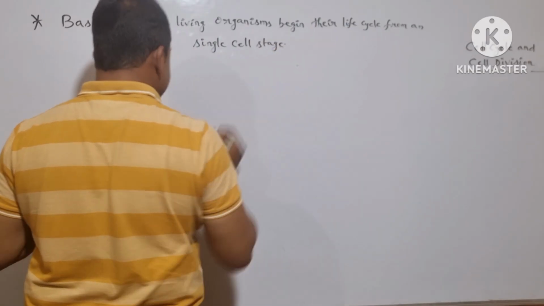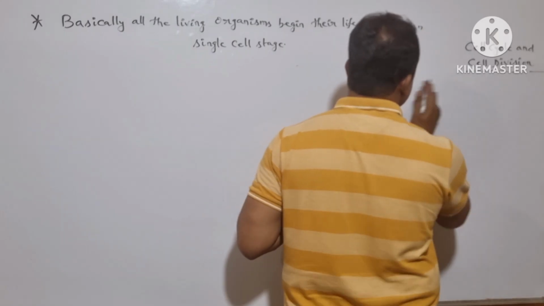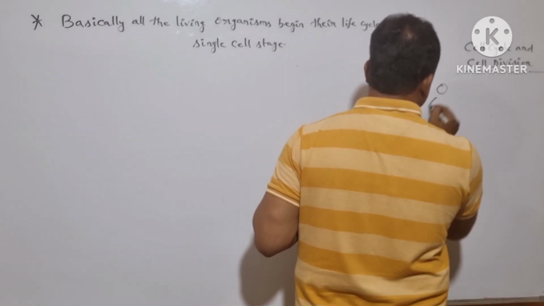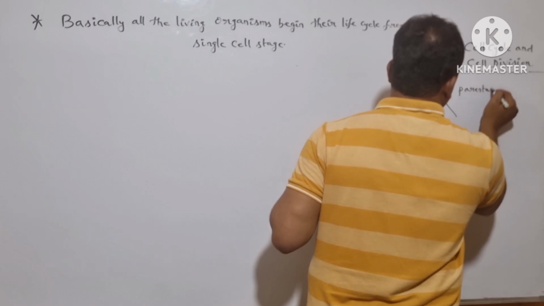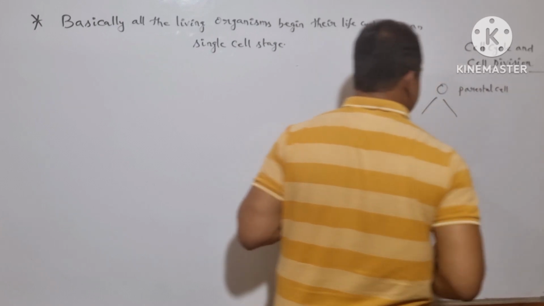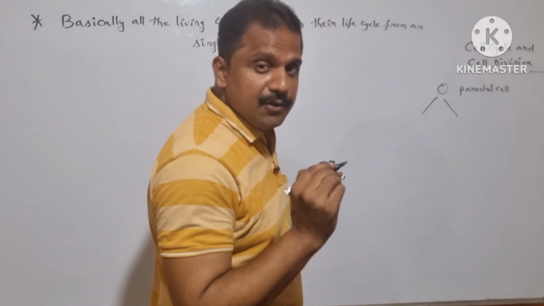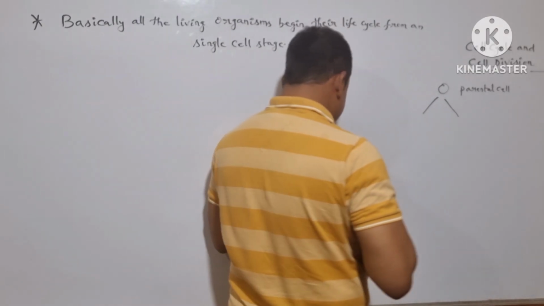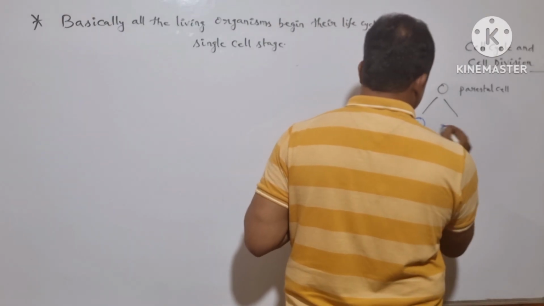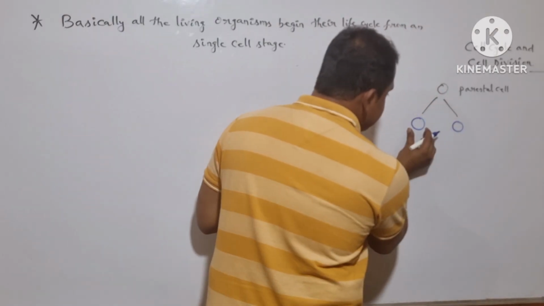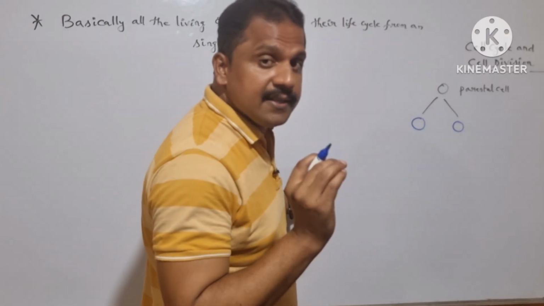So here initially a single ancestral parental cell yields two daughter cells. Let us assume it as a parental cell. When the parental cell participates in cell division, it yields two daughter cells. Again, each of the daughter cells acts as a parental cell in order to yield another two daughter cells.